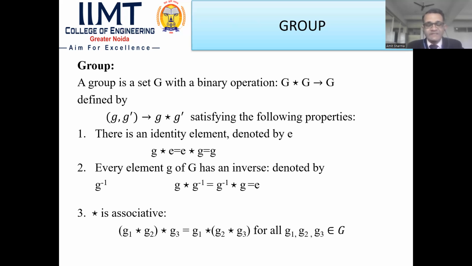The second property is existence of inverse, meaning every element g of G has an inverse denoted by g inverse, which satisfies g star g inverse is equal to g inverse star g is equal to identity. The third property is that this binary operation star is associative, meaning (g1 star g2) star g3 is equal to g1 star (g2 star g3) for all g1, g2, g3 belonging to G.